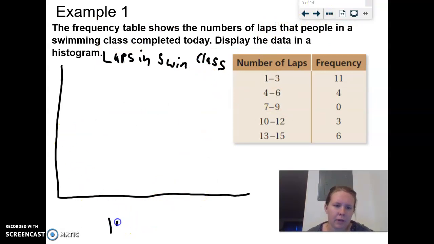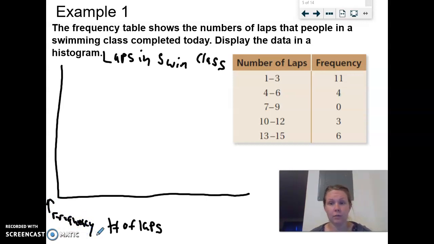So maybe I'll just abbreviate it with number of laps. And I know it's hard for me to write sideways here, but I would write this one as frequency.